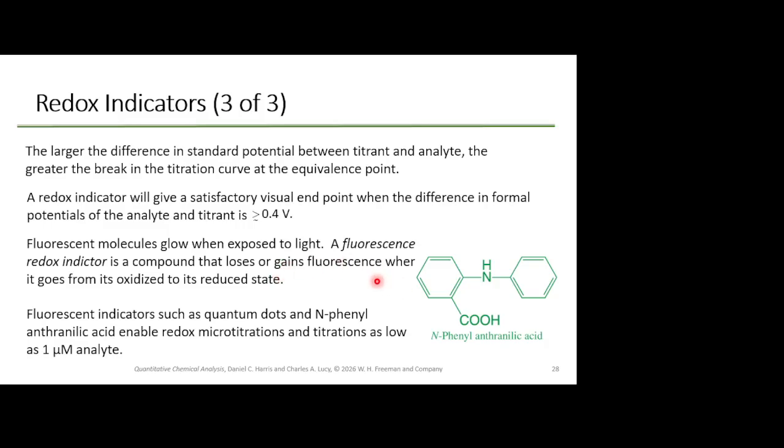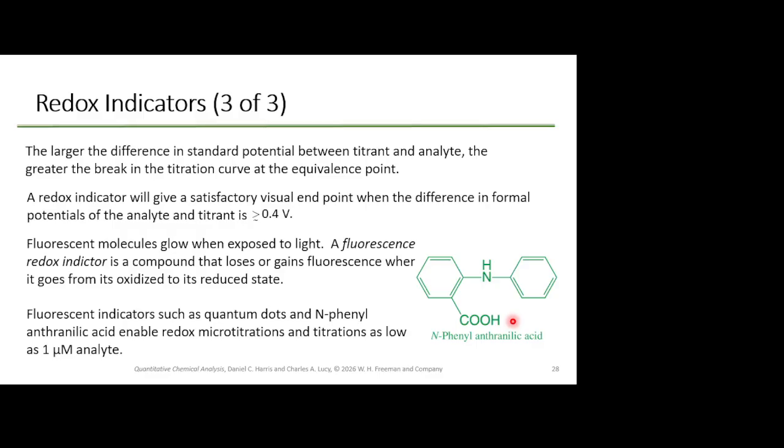Fluorescent molecules actually will glow when exposed to light. So a fluorescent redox indicator is a compound that loses or gains fluorescence when it undergoes oxidation to its reduced state. Right here we've oxidized this to the reduced state, and we're going to lose or gain that fluorescence depending on the molecule.